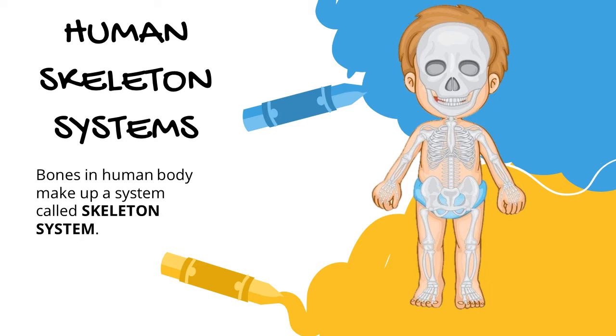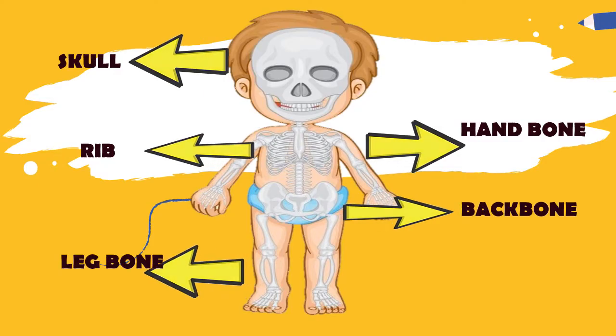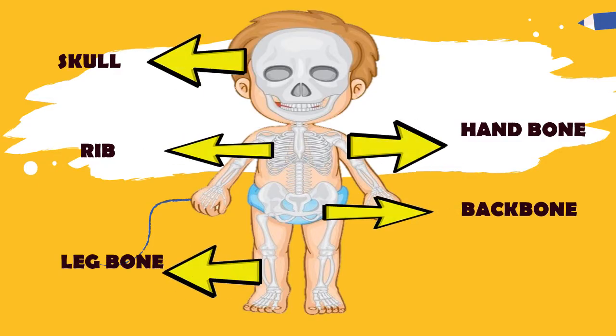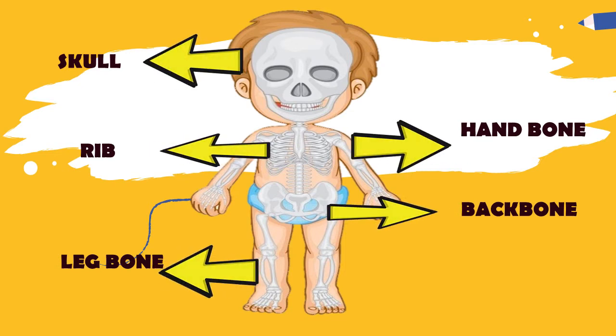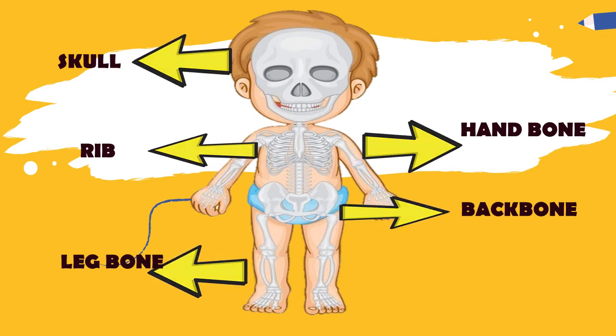I repeat, bones in our body make up a system called the skeleton system. So, how many skeleton systems do we have in our body? There are 1, 2, 3, 4, and 5. We have 5 skeleton systems.